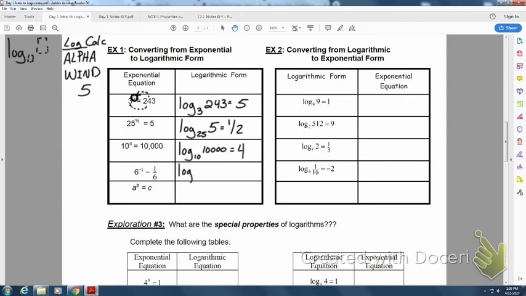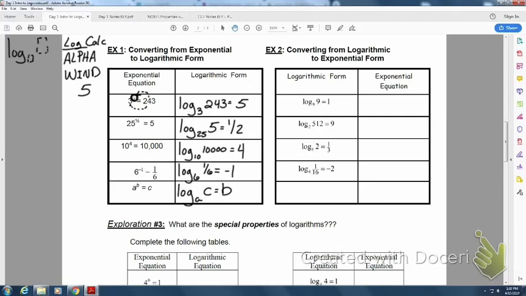Log base 6 of 1/6 equals -1. Awesome. Max, the last one. Log base A of C equals B. Good?